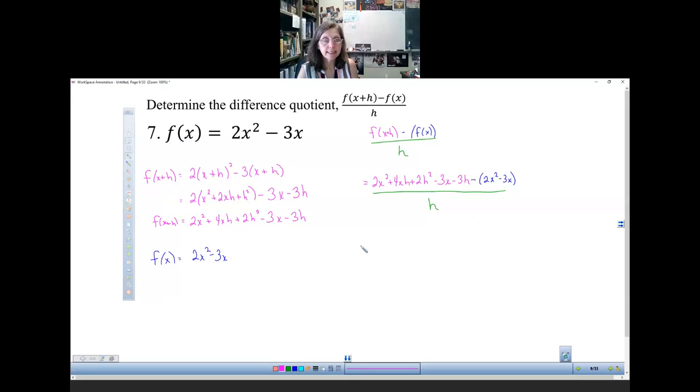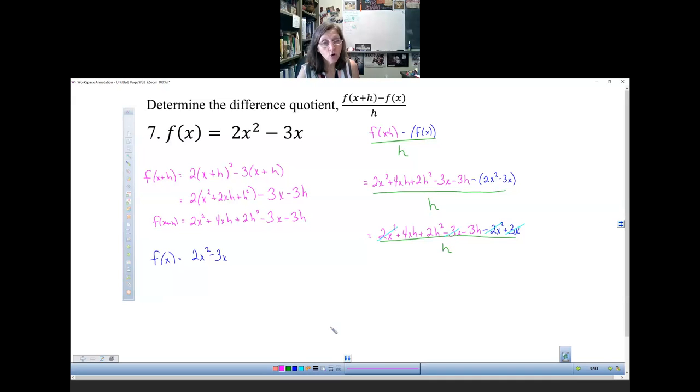Let's clean this up. So 2x squared plus 4xh plus 2h squared minus 3x minus 3h, and then I'm going to distribute this negative sign, minus 2x squared plus 3x, and all of this is over h. Again, if I've done this right, every term that doesn't have an h in it should disappear. 2x squared minus 2x squared, negative 3x plus 3x.